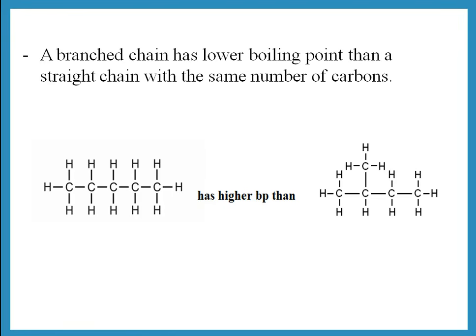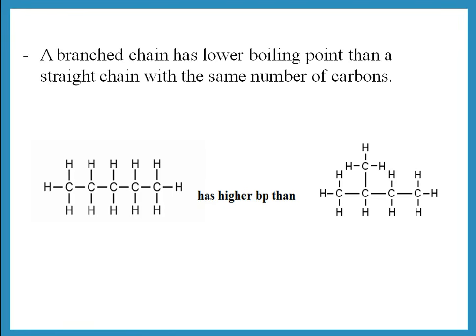So that CH3 on top there is called a branch, and you should realize that a straight chain compound will have higher boiling points than one with the same number of carbons but branched. So remember that if it is fewer carbons, lower boiling point.